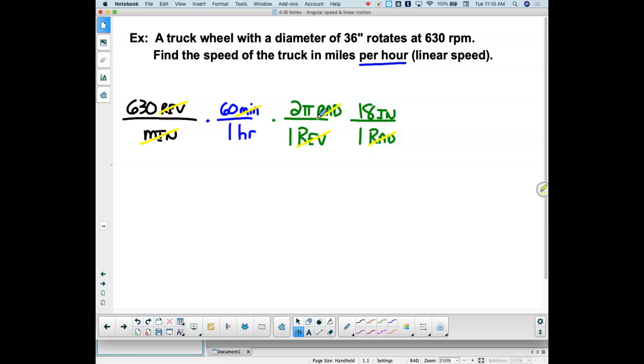So now I'm in inches per hour. I want to be in miles per hour. 12 inches is 1 foot. Now I'm in feet per hour.